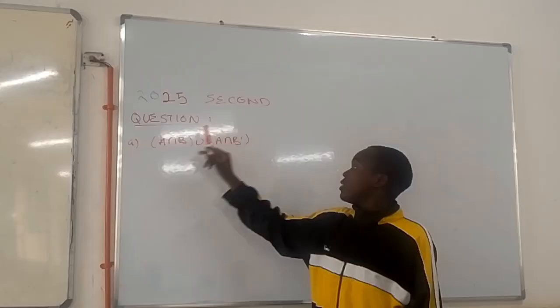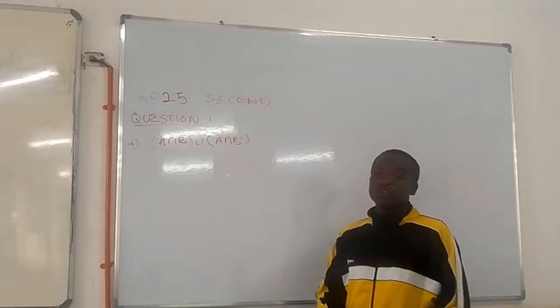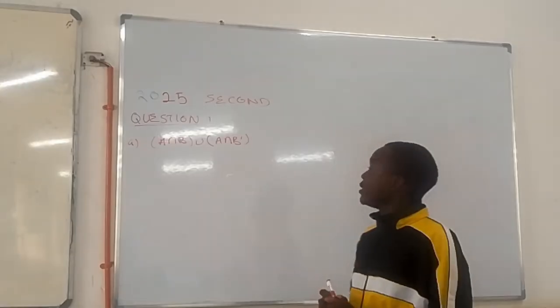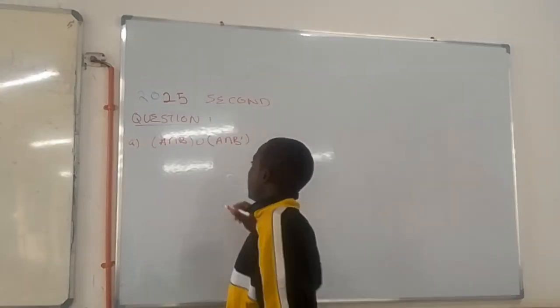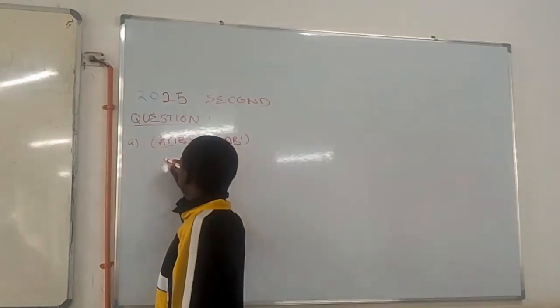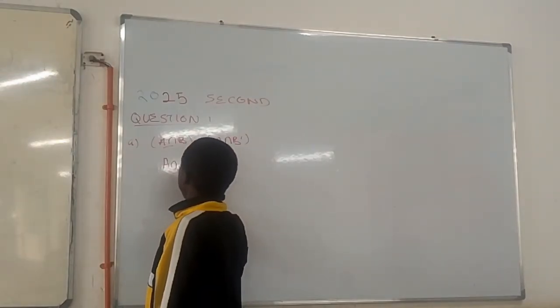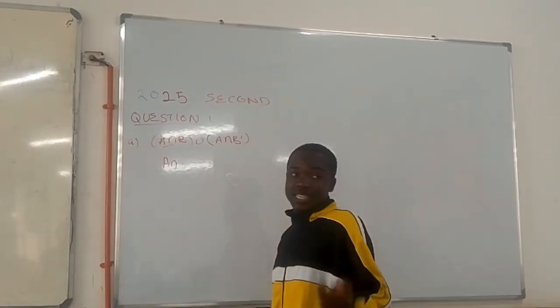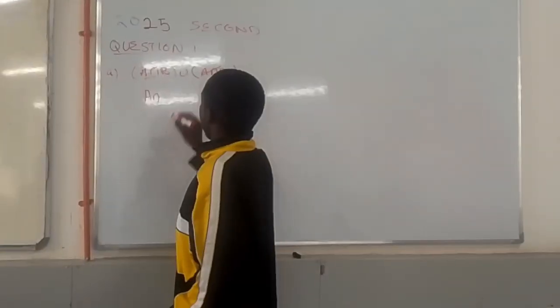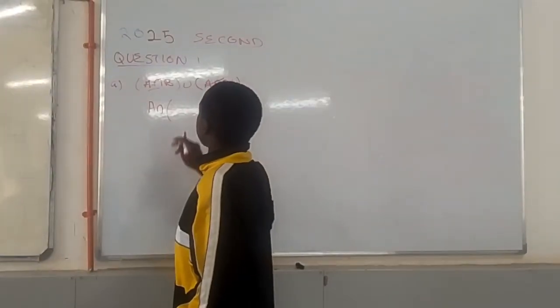To put this in associative, look for things that are common. Things that are common here, you can see there is an intersection, so I'm going to put an intersection here. For easy understanding, you can cancel out these two. So A intersection, open bracket, what's remaining here?